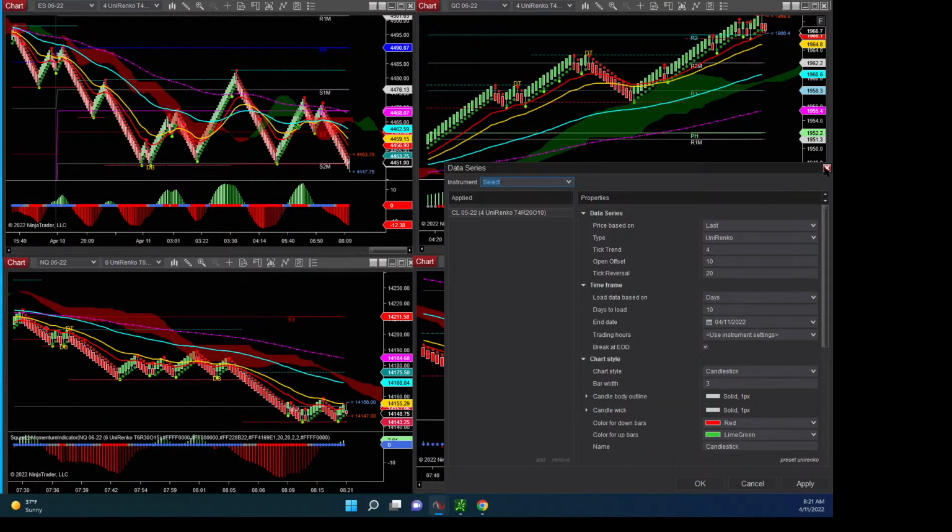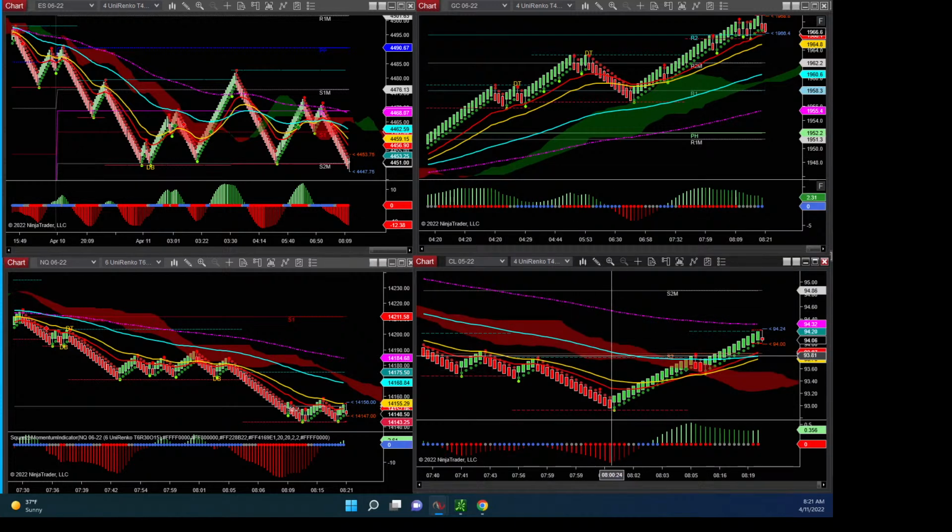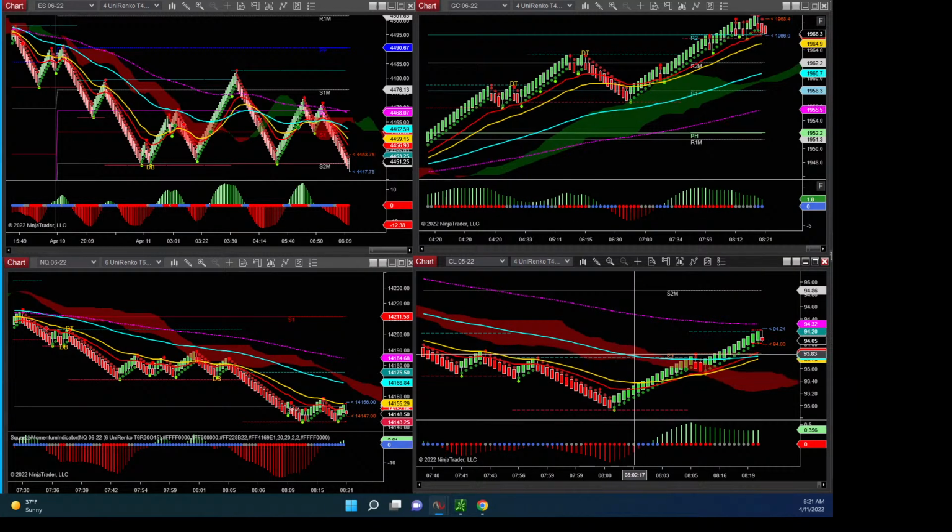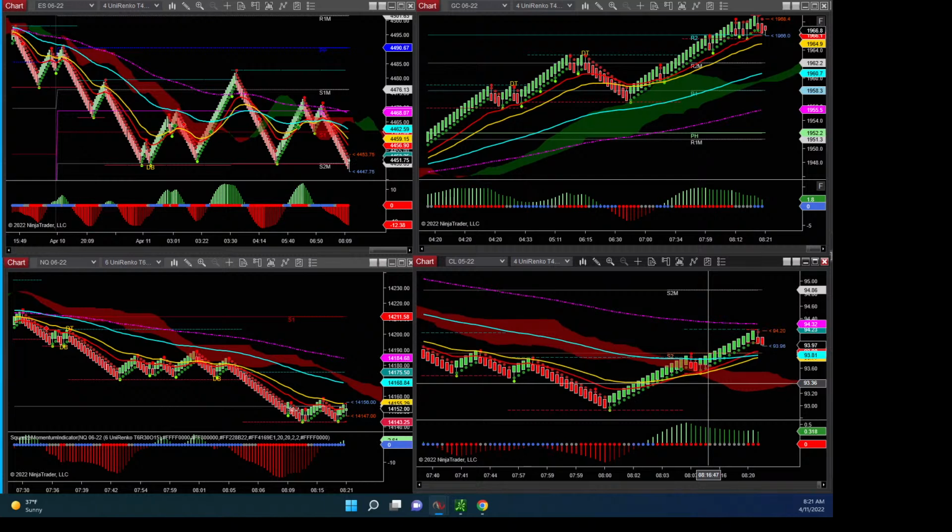And now the moving averages are 200, which is this one up here, the purple one, 89, and then these two are the 34 and the 21. All of them are EMAs, so exponential moving averages. And then I do have the Ichimoku cloud, which is this one here.